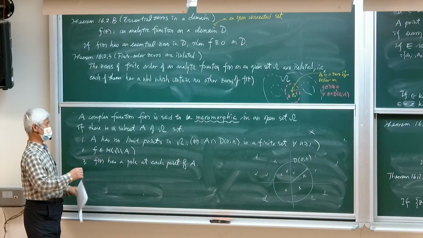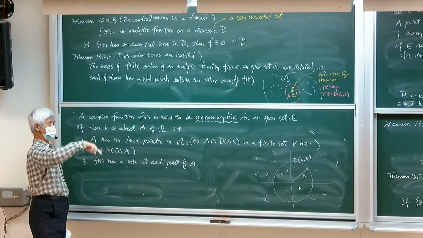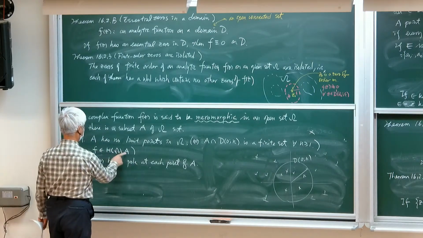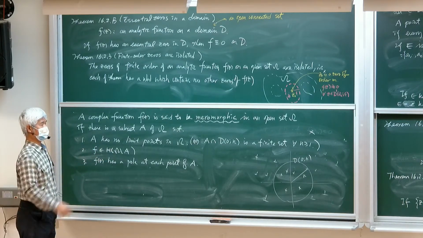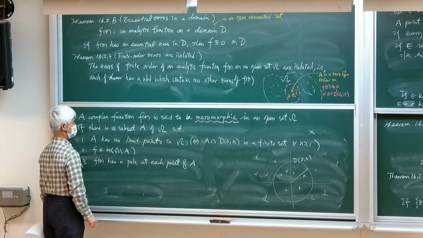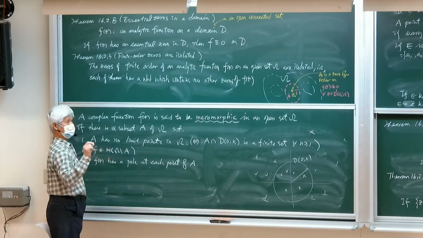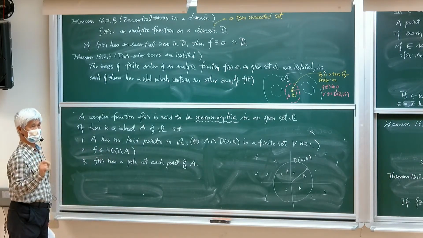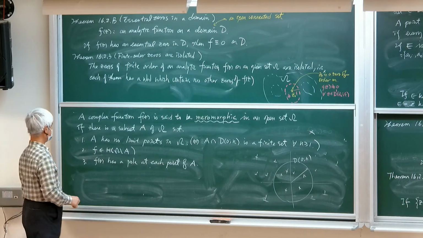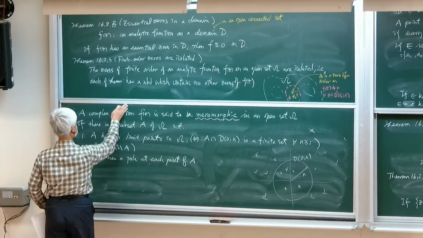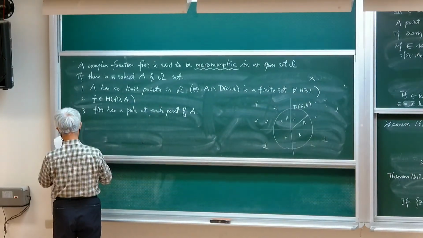That means that in a neighborhood of any point of A, f is analytic except at the point, and this point is an isolated singular point. This is called a meromorphic function.